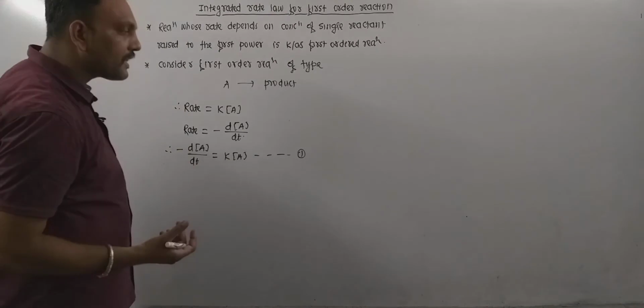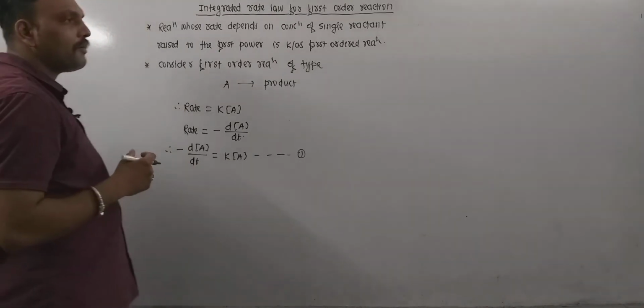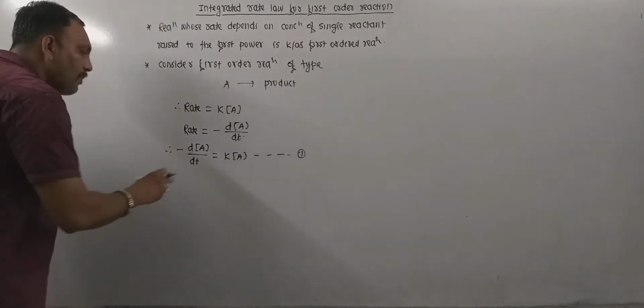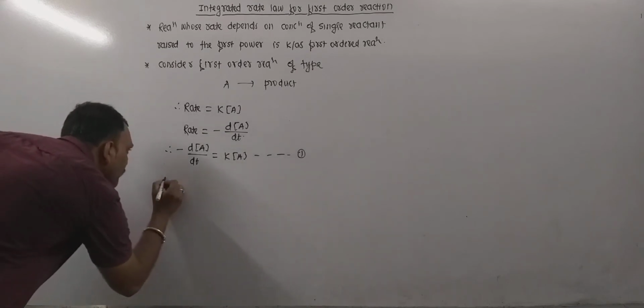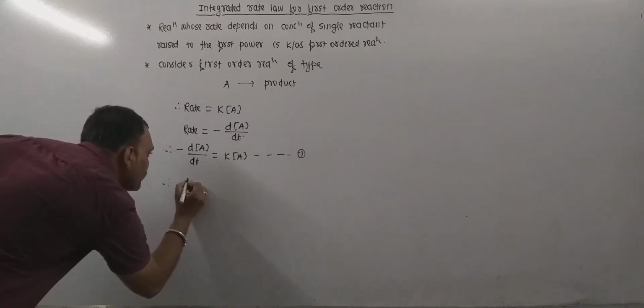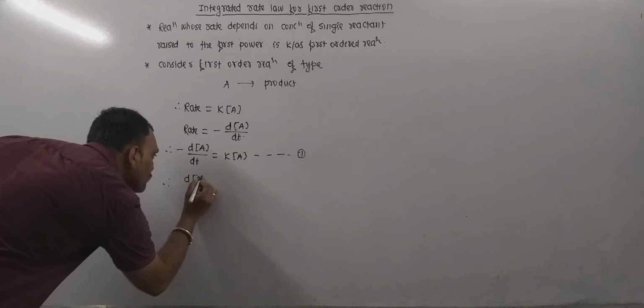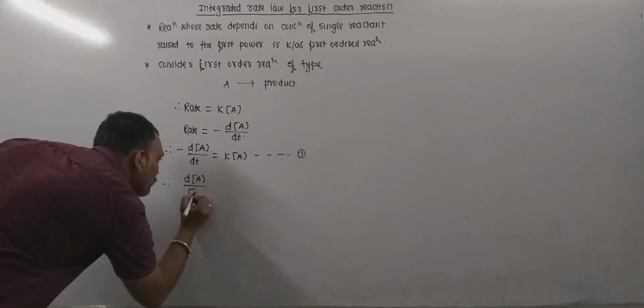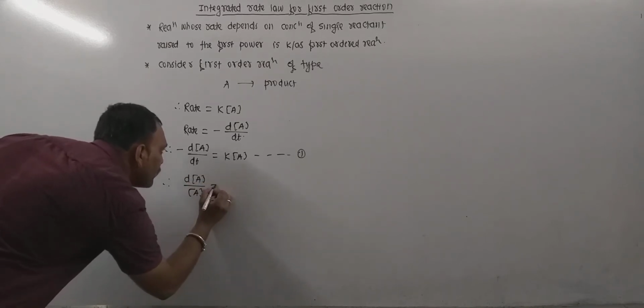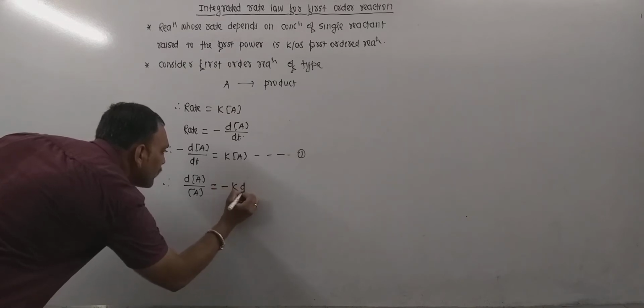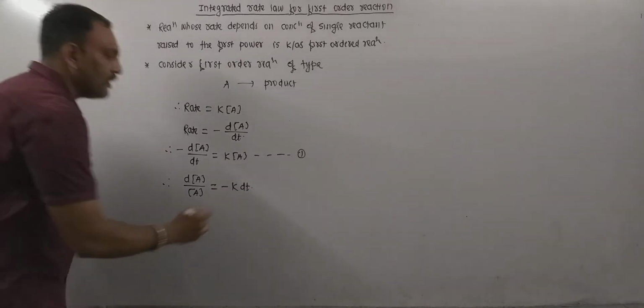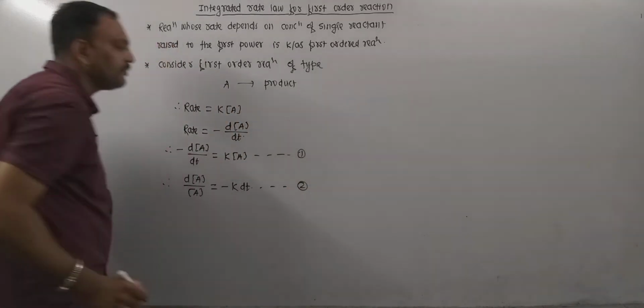Now by rearranging this, one can write d[A] by [A] equals minus k dt. Now this is equation 2.